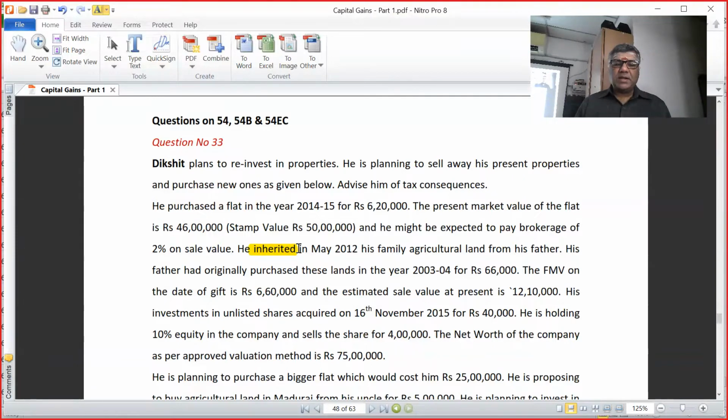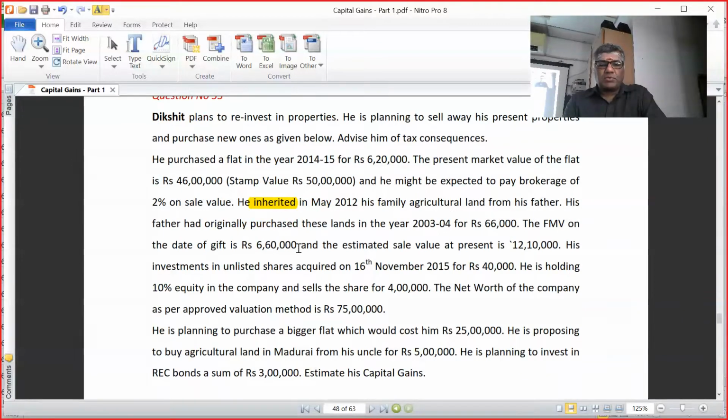His investment in unlisted shares, rupees 40,000. He is holding 10% equity in the company and sells these shares for 75 lakhs. The net worth of the company as per approved valuation method is 75 lakhs.